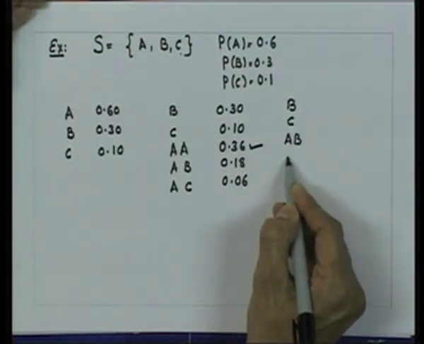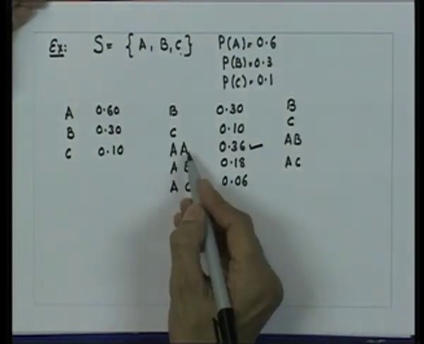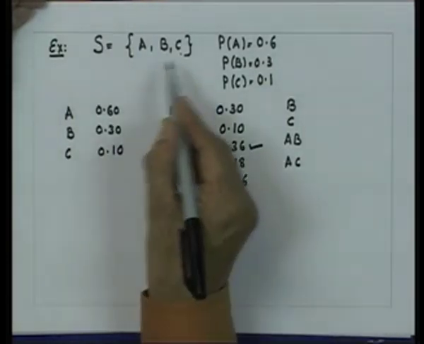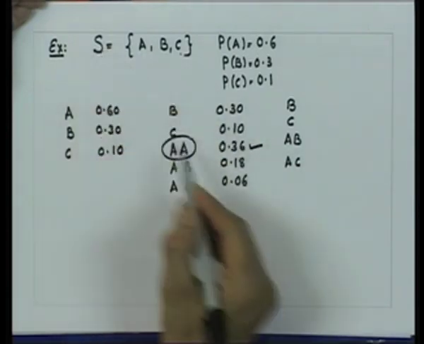So, what is left out is B, C, AB, AC, and now after I remove this, I get 3 more strings by concatenating the letters from this alphabet to this entry.